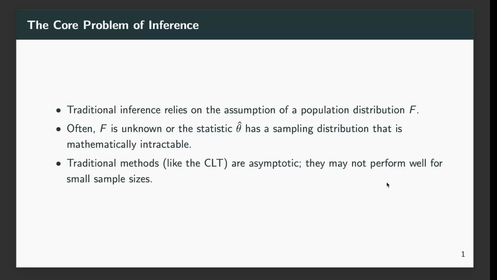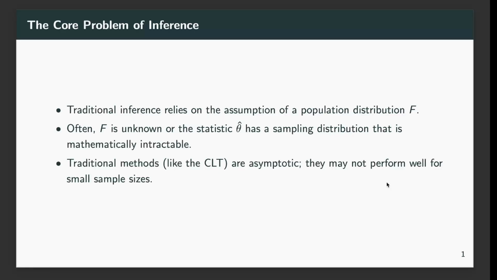Often F is unknown, and the statistic of the data set has a sampling distribution that is mathematically intractable. This is really the center of the problem. In reality, it is very rare that we know with certainty that our data come from, for example, a normal distribution.